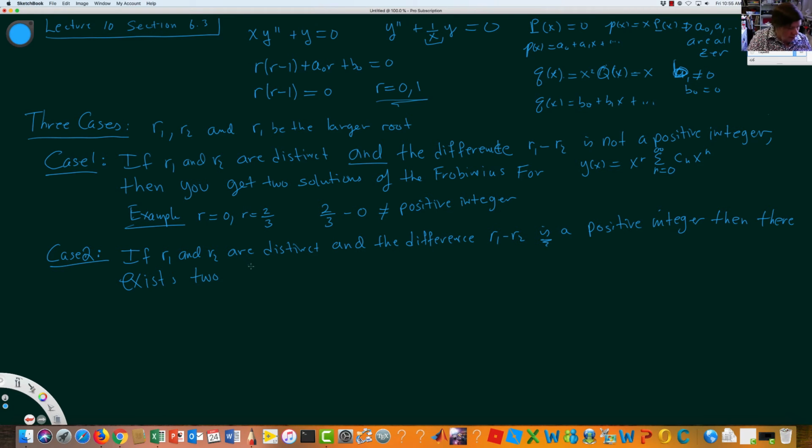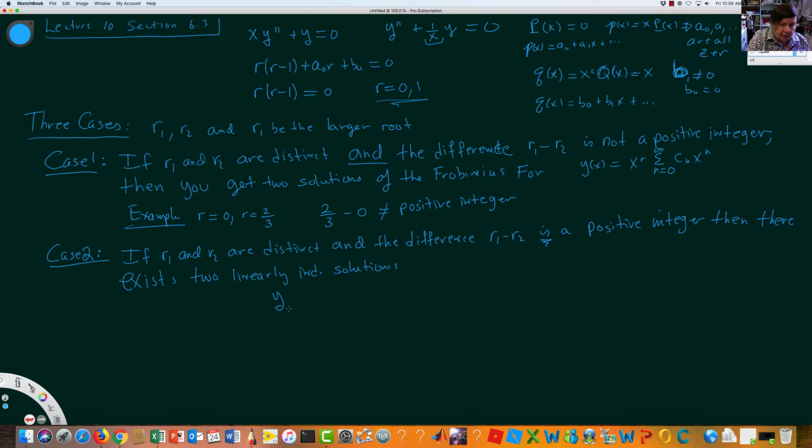Two linearly independent solutions, but they have the following form. They're not both of that Frobenius form, like the very first example we did. Okay, so they look like this.